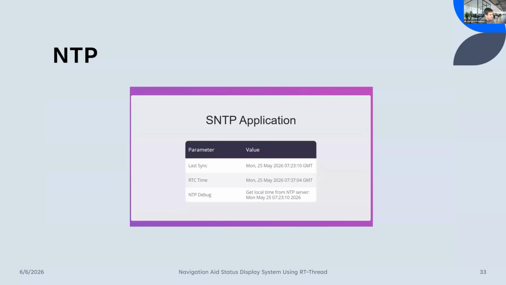This is a debug application that shows the last sync time of the NTP, the RTC time inside the main processor, and the debug code that is used to debug what the problem is with the NTP server.